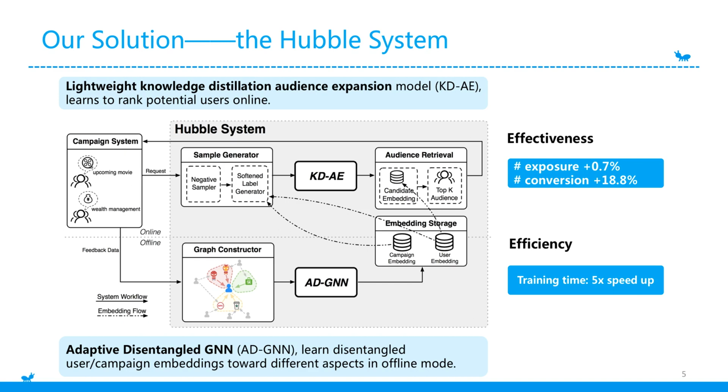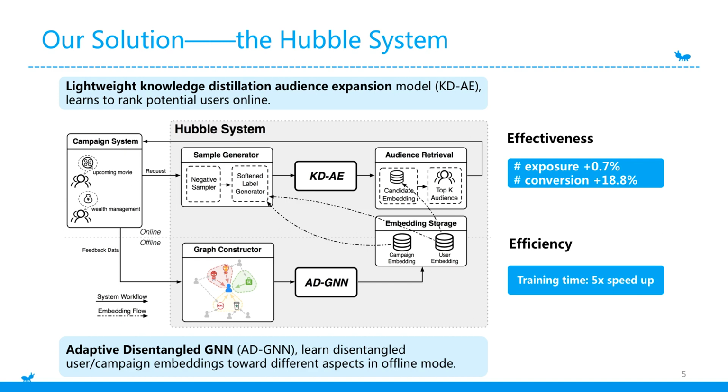Basically, we construct a huge graph describing historical user campaign interactions and generate and maintain a storage of user and campaign embeddings. The embeddings are asynchronously updated per week, and they are used as features for audience expansion tasks.